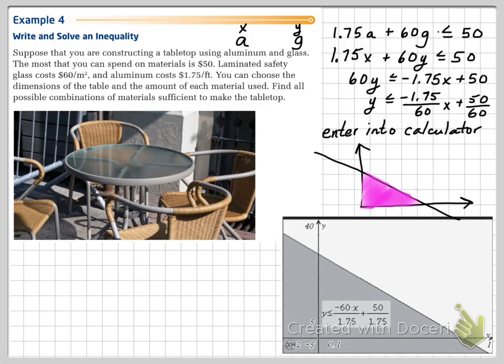And you're going to get a graph of a shaded region that looks like this. Understand that everywhere on that line is going to be equal to $50. Less than that line is going to be less than $50, so any ordered pair in that region is what you could afford, all the way down to 0, 0, and ending up with no table.